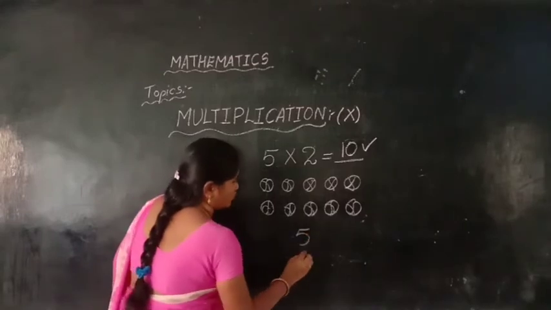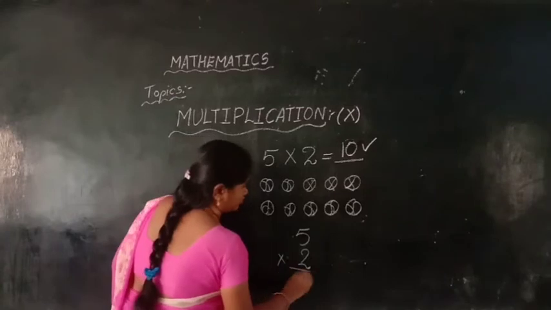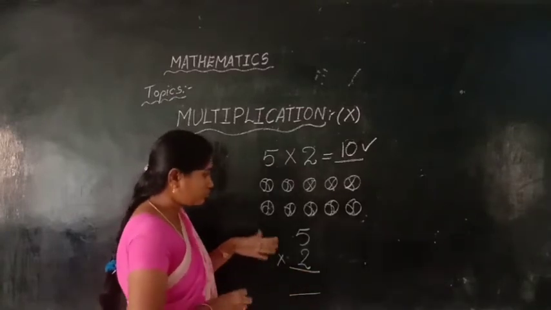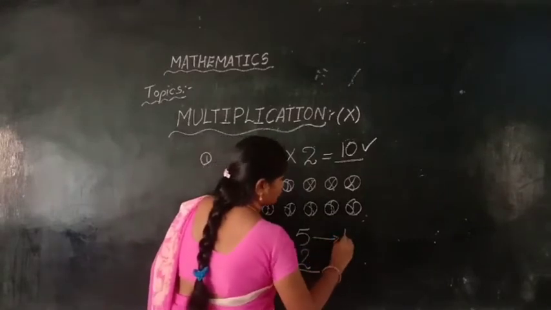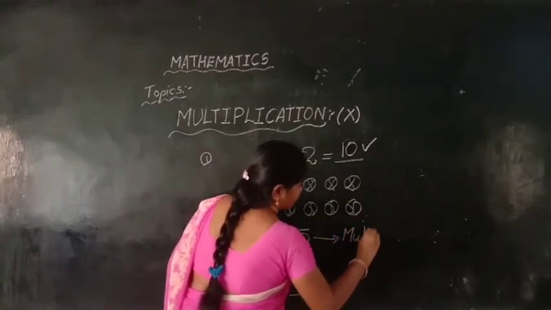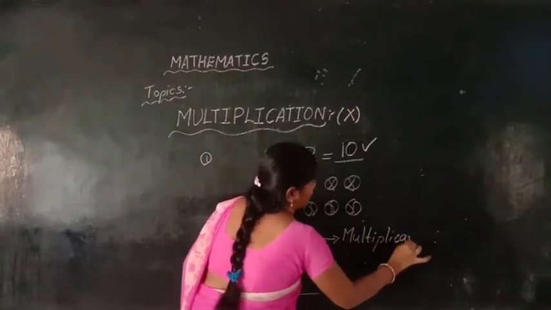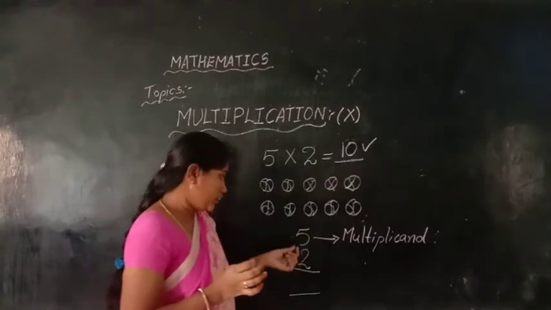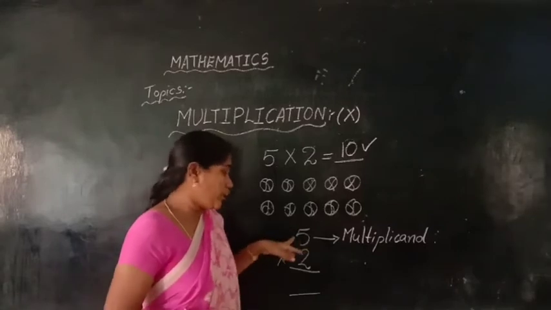5 into 2, multiplication. Okay. In this multiplication, 5 is called multiplicand. Okay children, here all of you, in this, the upper number 5 is called multiplicand.